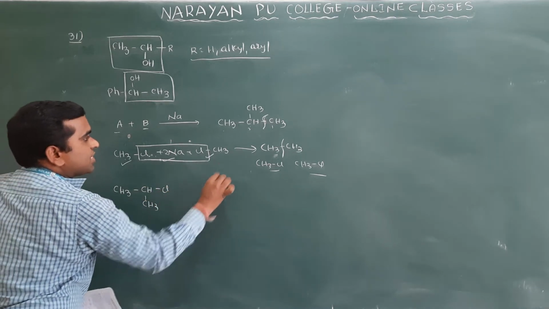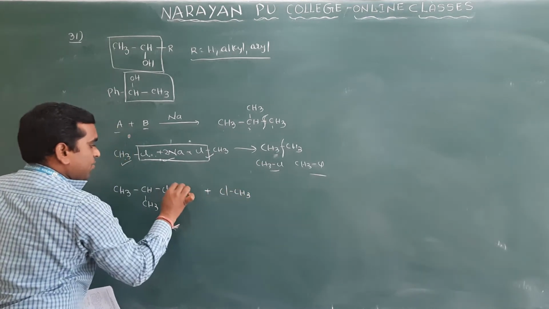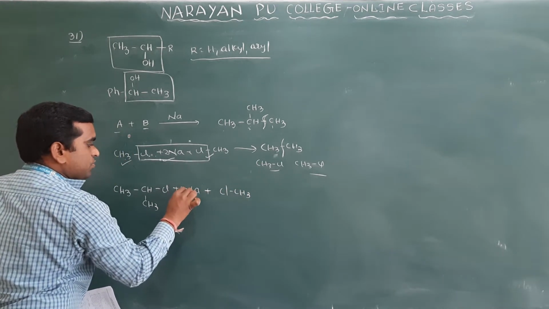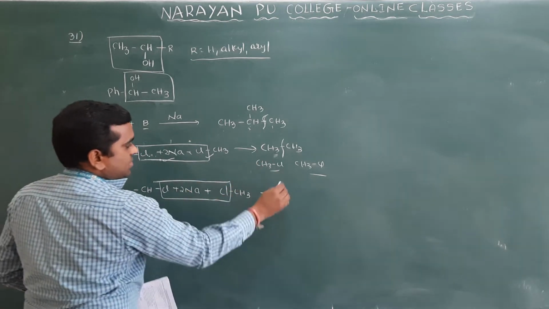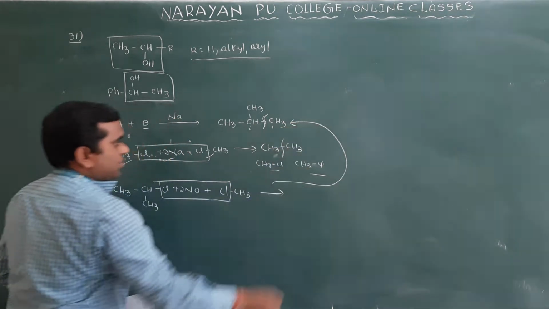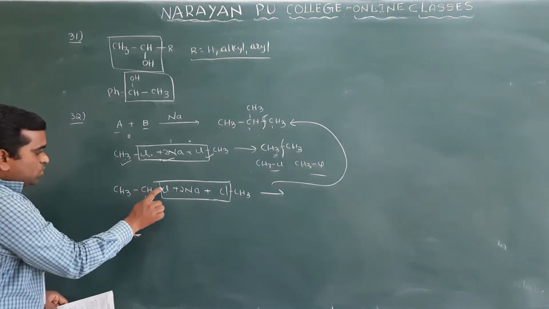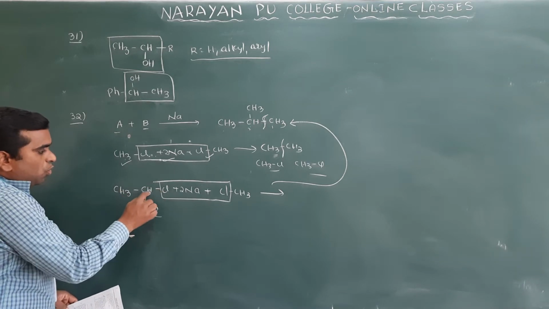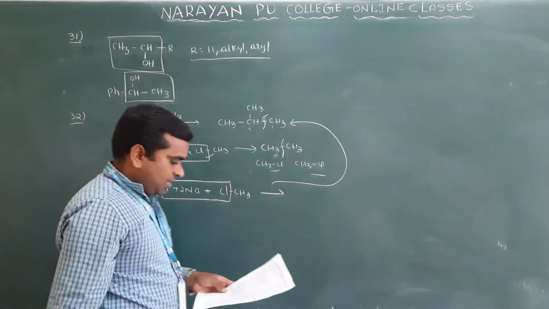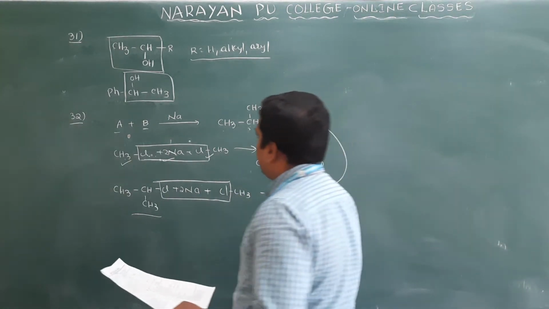Another one should be CHCl, CH3. Take 2 moles of sodium, and you will get this compound. So what are the reactants here? 2-chloropropane and methyl chloride. That is the answer. So option 1 is the correct one.